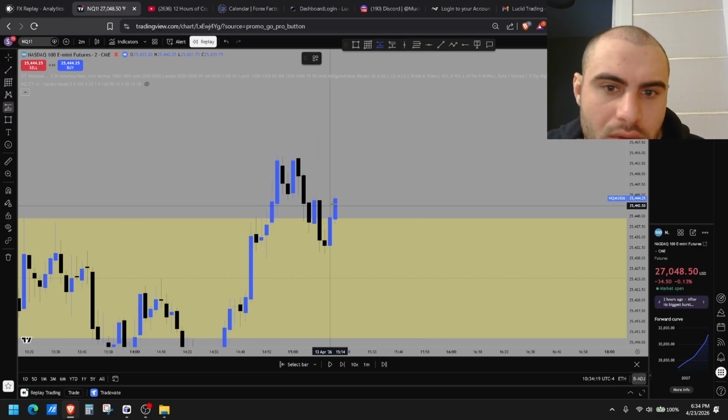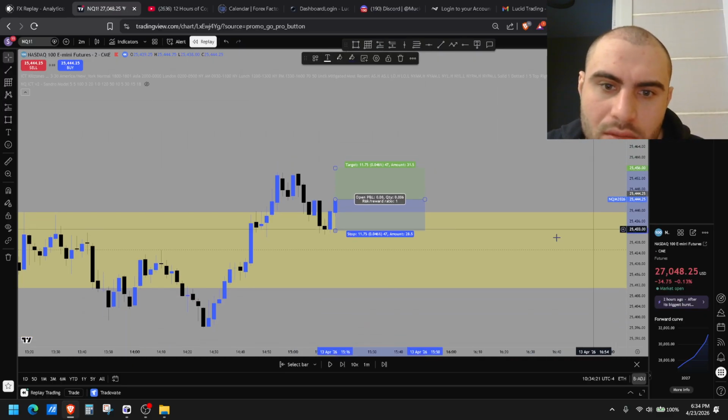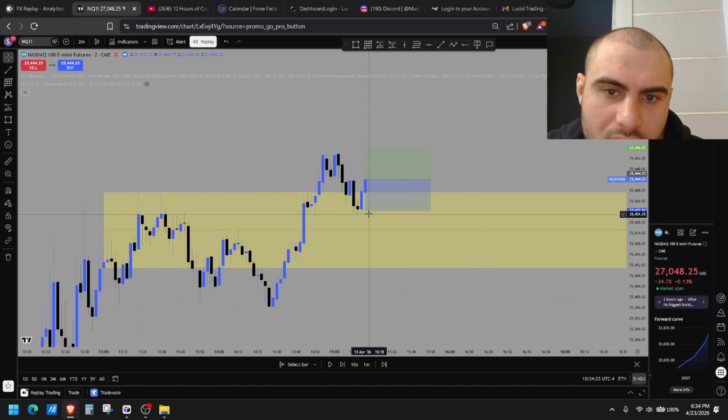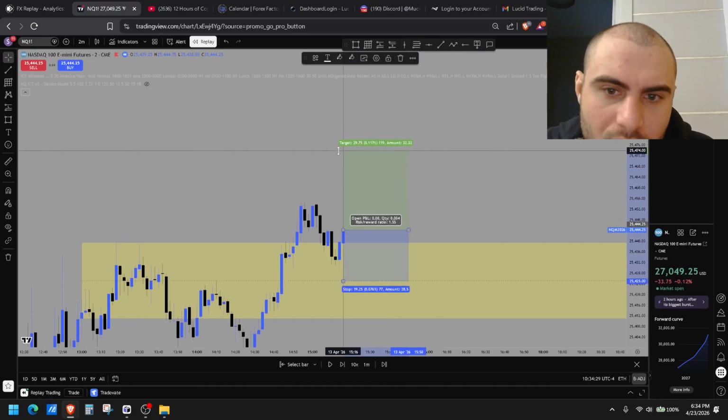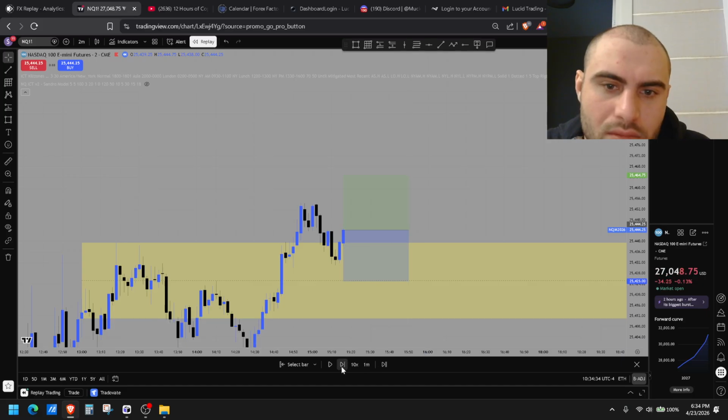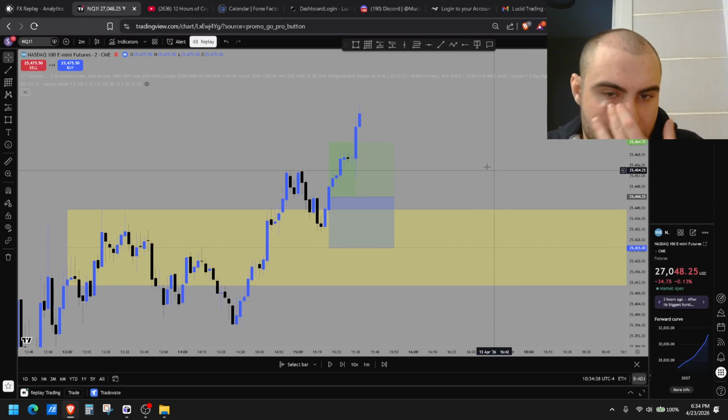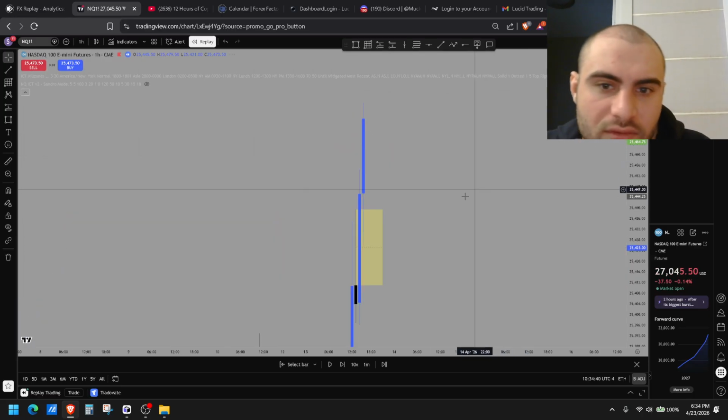So enter here. Stop loss at the 50% of the EOB. Target a 1-to-1. Okay, so that's just using a high time frame EOB.